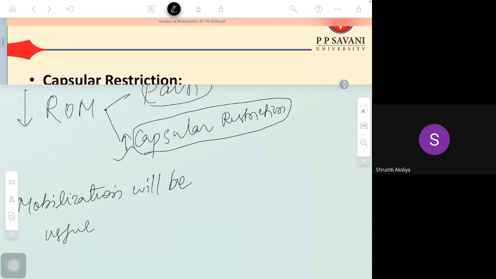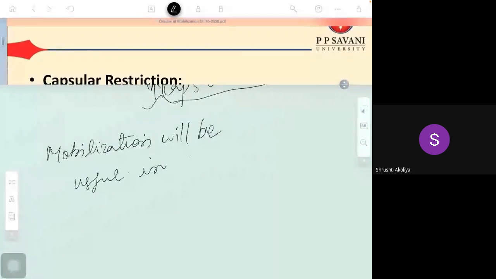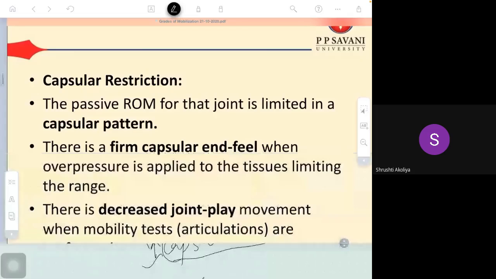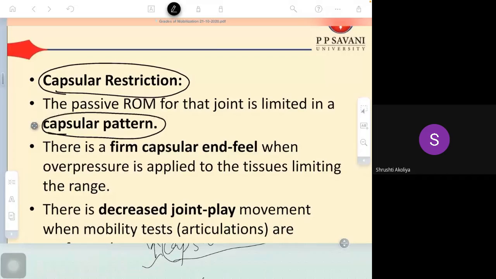Clear? In increasing range of motion when the restriction is due to the capsule. I think you understand this sentence. If the joint range of motion is restricted because of capsular pattern, then mobilization will help a lot.